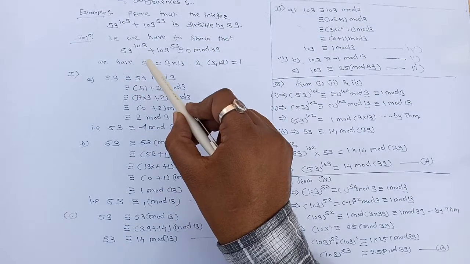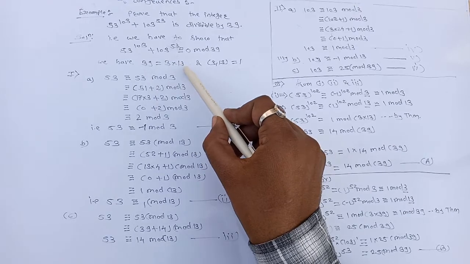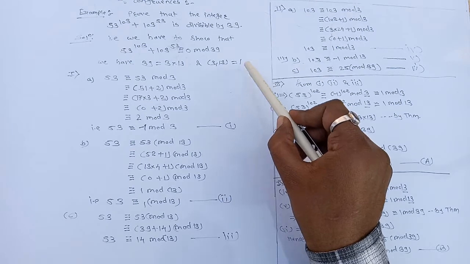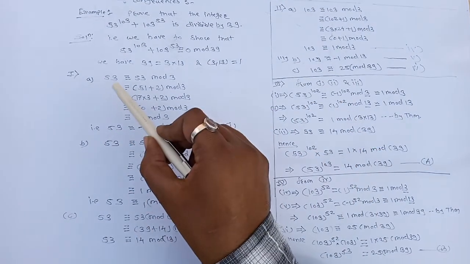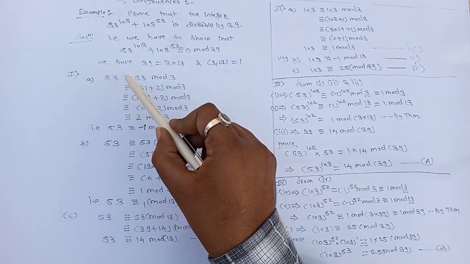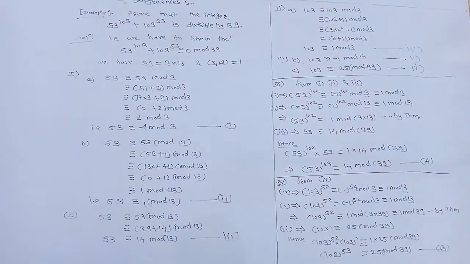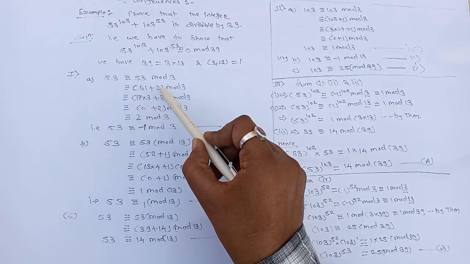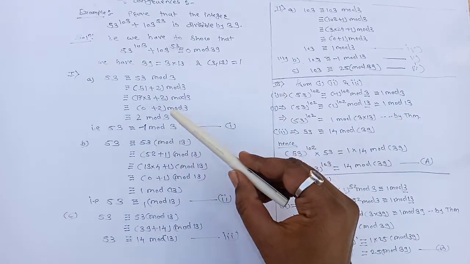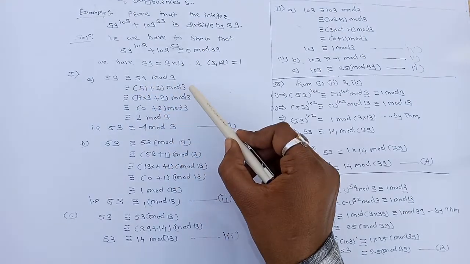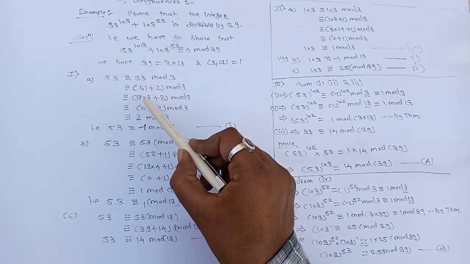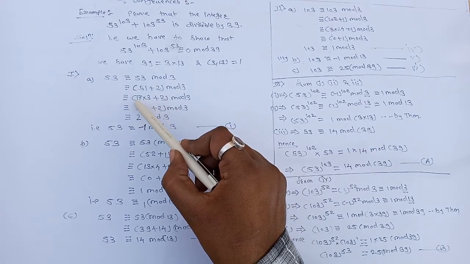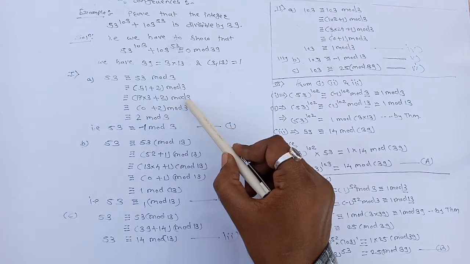Now 39 is equal to 3 into 13, that means 3 and 13 are relatively prime. So first, 53 is congruent to 53 mod 3. So 53 can be written in this way, 51 plus 2 mod 3, and 51 is expressed as 17 into 3 plus 2 mod 3.